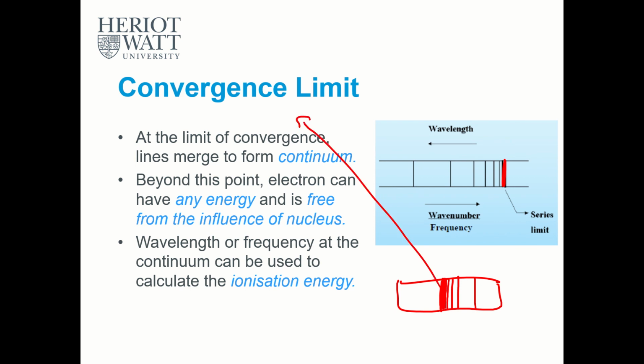And what is that for? Look at that. At the limit of convergence, they merge into a continuum, like a continuous band, right? Now beyond this point, they always start with a low wavelength here, 600 and 650, and then 400, right? Let's say this is about 300. That's the wavelength.